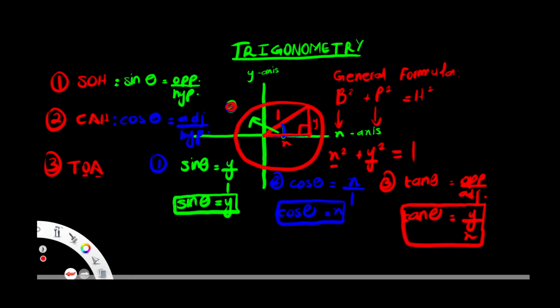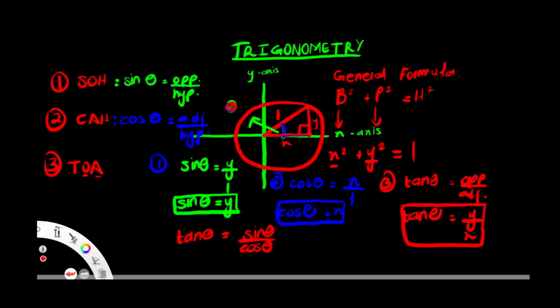Now we can see, if someone has noticed this, very well done, that sine theta equals y and cos theta equals x. So can we say that tan theta is identical to sine theta upon cos theta?